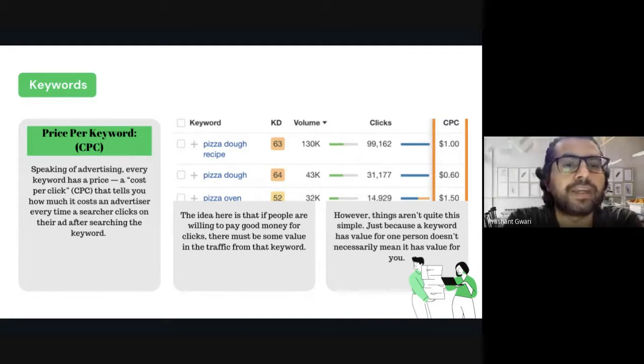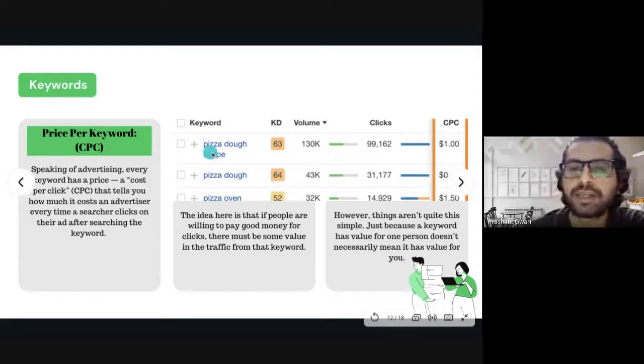So speaking of advertising, every keyword has a price when you are running advertisements. A cost per click tells you how much it will cost an advertiser every time a searcher clicks on their advertisement on Google when you are targeting a specific keyword. For example, in the USA, pizza dough recipe or pizza dough and pizza oven.